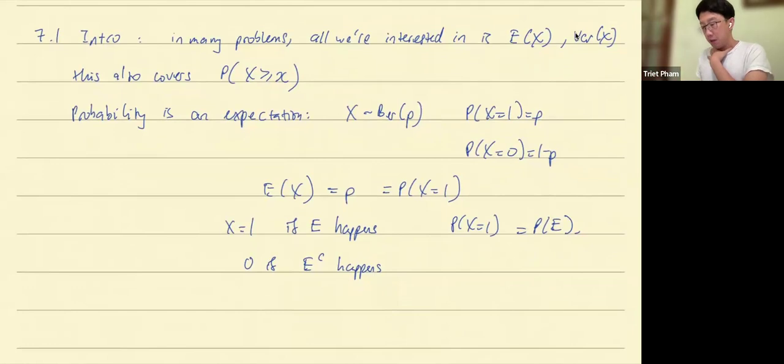The second thing I want to say is that expectation has a very nice property, which goes to 7.2 actually. Expectation has several nice properties.